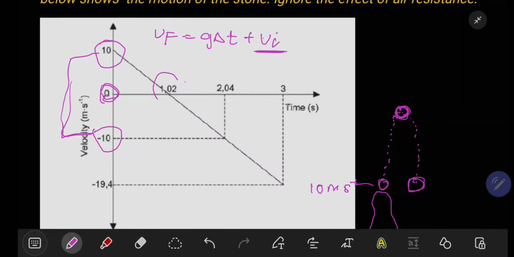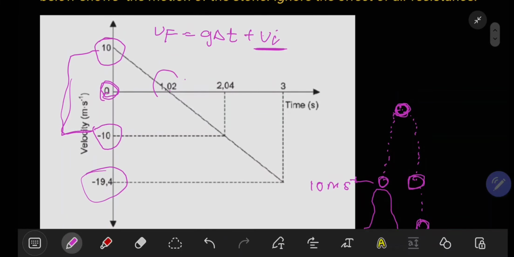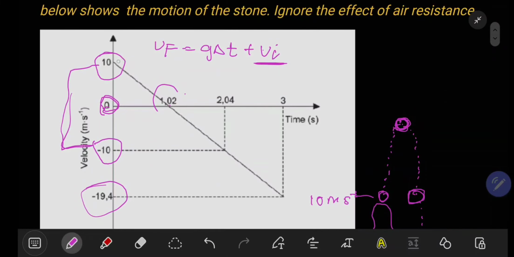Then at time 3 seconds, that is where the ball hits the ground at a velocity of negative 19.4. So from here to the ground, the ball hit the ground at a speed of 19.4 meters per second. Then when we check the slope of this graph, we have a descending graph.